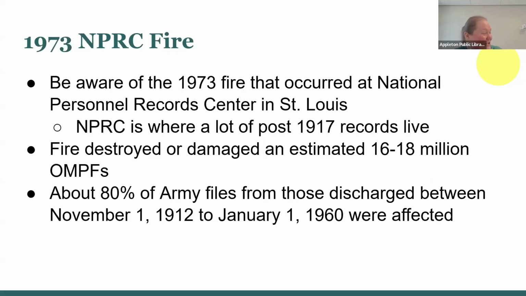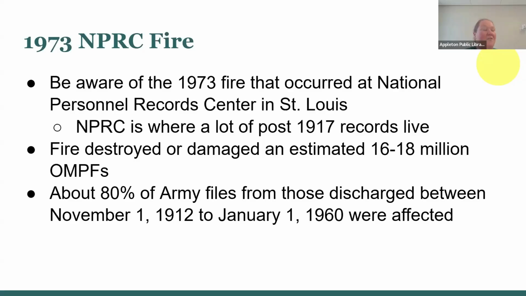But as we just alluded to, there was unfortunately a fire in 1973 at the National Personnel Records Center in St. Louis. This is where a lot of those post-1917 records live. So this fire unfortunately destroyed or damaged an estimated 16 to 18 million records, including these OMPFs.